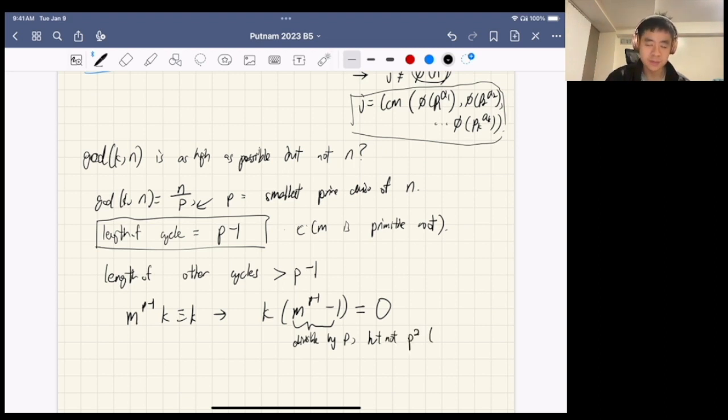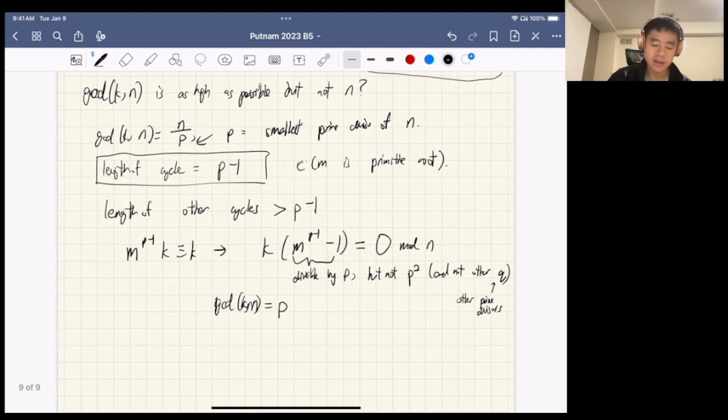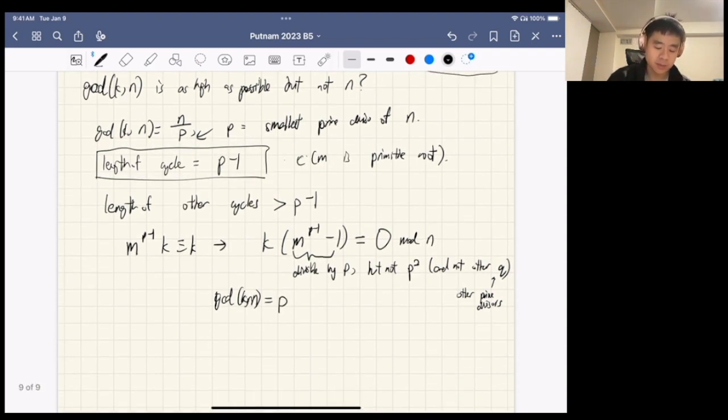While assuming that n has a higher power, and not other q, where these are the other prime divisors. And since this is the case, we need GCD(k, n) to be equal to p, and then there are p minus 1 of them.